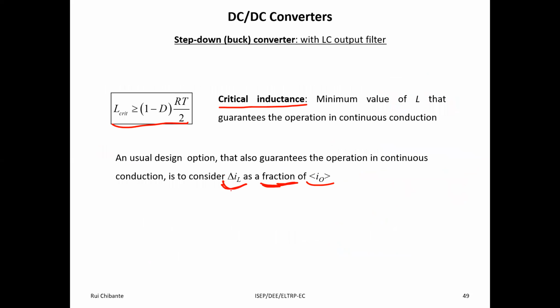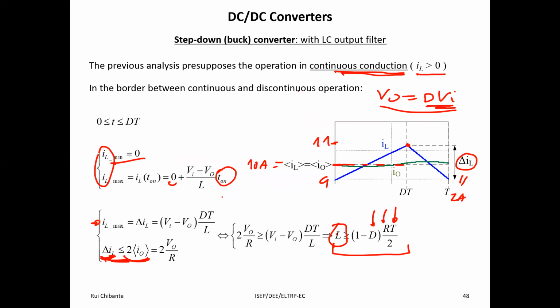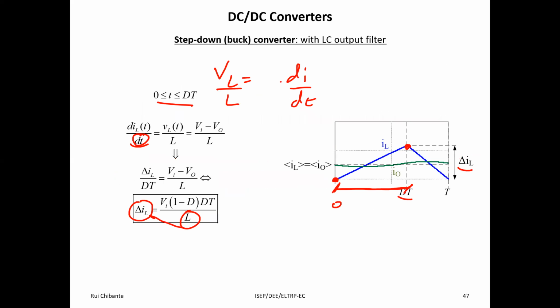So by this second approach, I define a current variation, and how can I design my inductor? Well, this result. I specify a current variation, and I calculate the inductor.